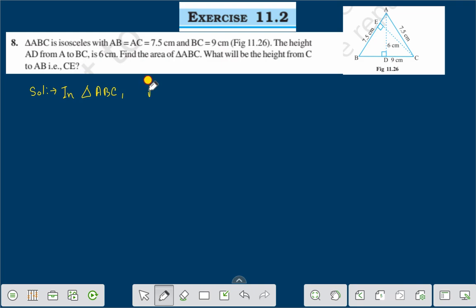That is, base BC is given as 9 centimeter. And since this is 90 degree, that means AD is the height, and height AD is also given as 6 centimeter.